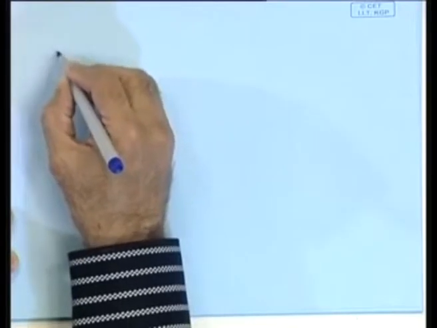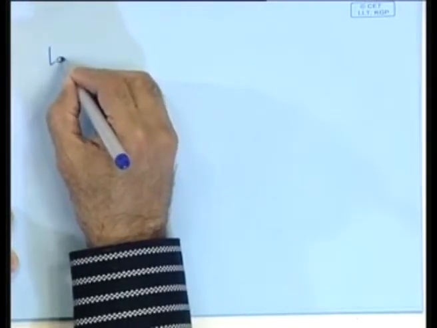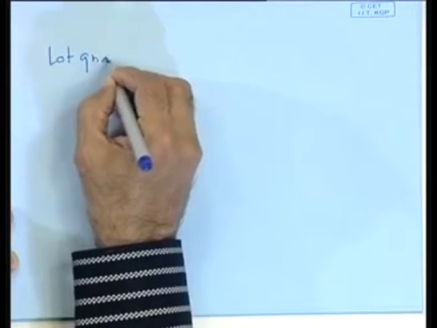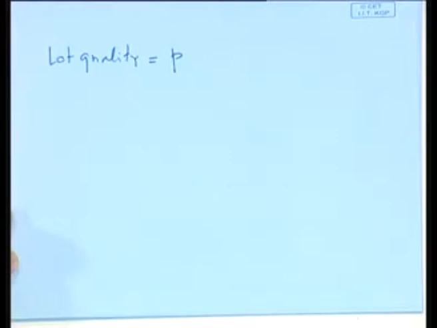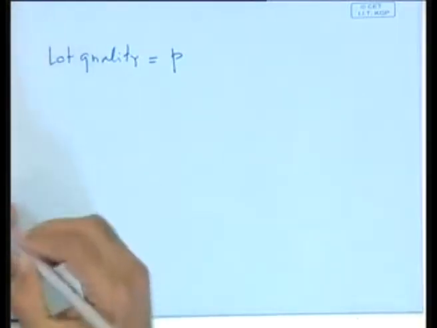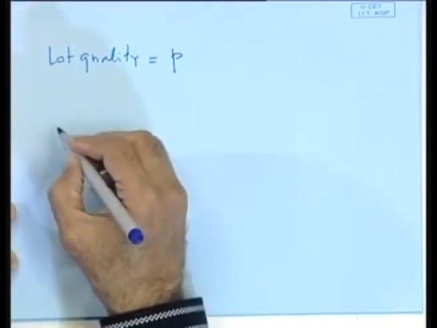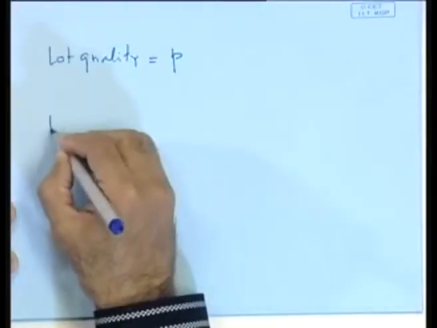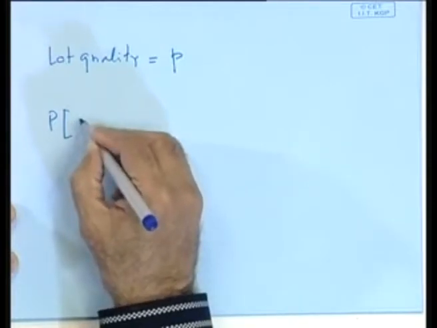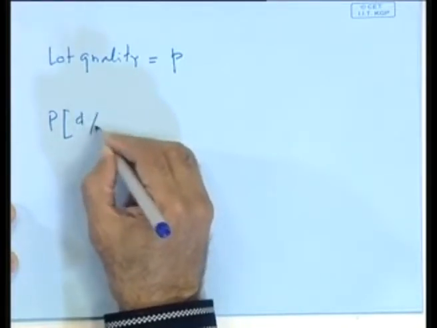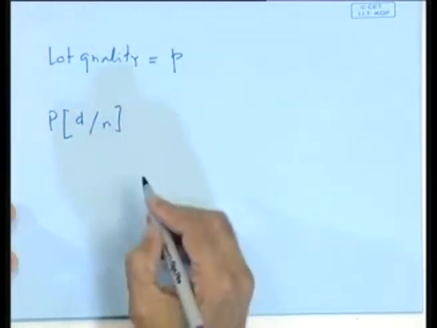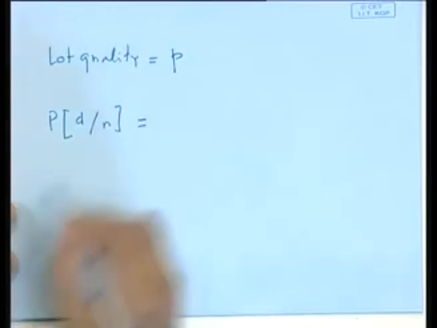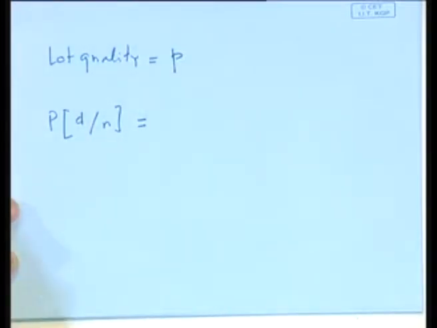Now if lot quality is taken to be P, that is P is the fraction defective in the lot, then suppose I pick n items. The probability that I'll find d defectives in n items that I pick out of this, when overall lot quality is P, turns out to be a binomial distribution, and that goes like this.